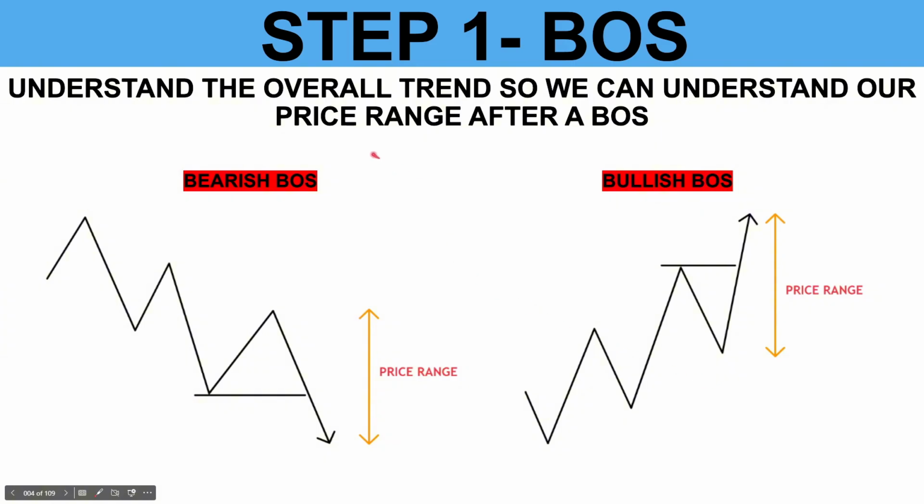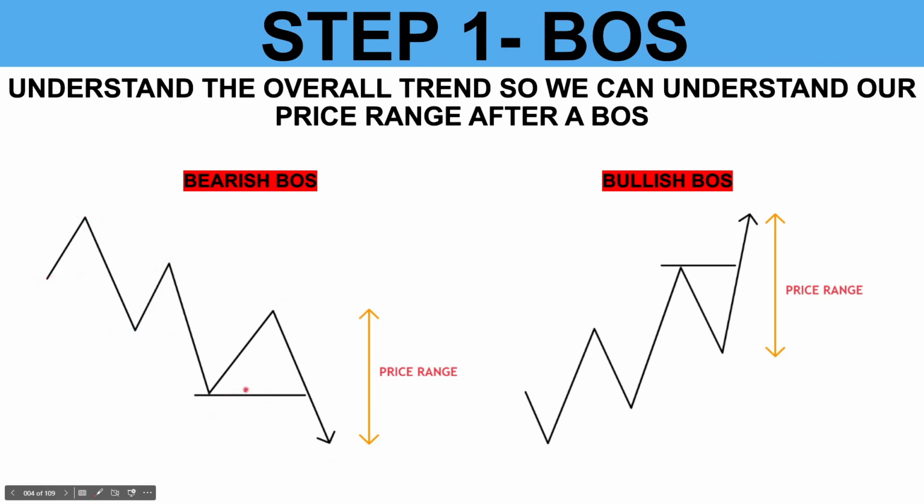First thing you need to understand is the overall trend, so we can understand our price range after a break of structure. So in this case, we have a bearish trend, and we have a bearish movement in price because price is creating lower lows and price is creating lower highs, and we have break of structure towards the downside continuously.